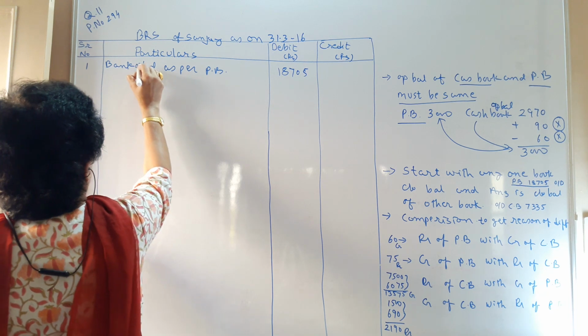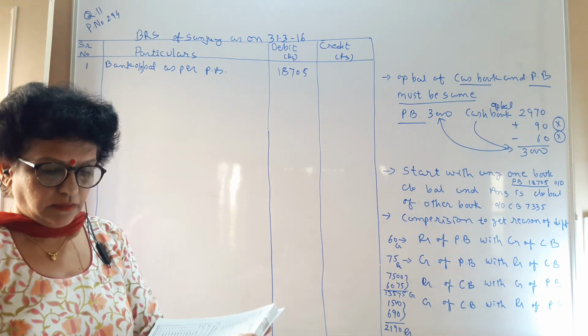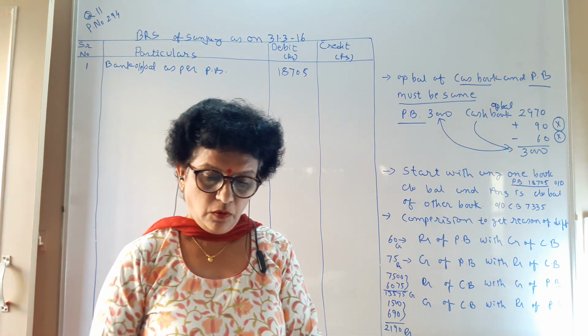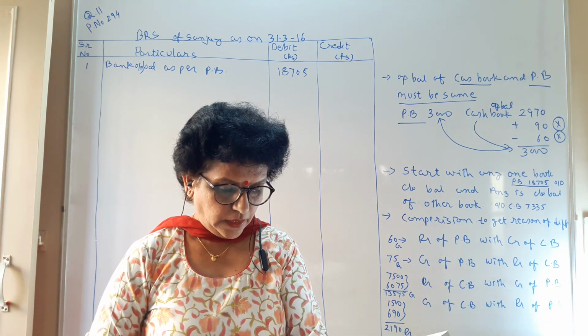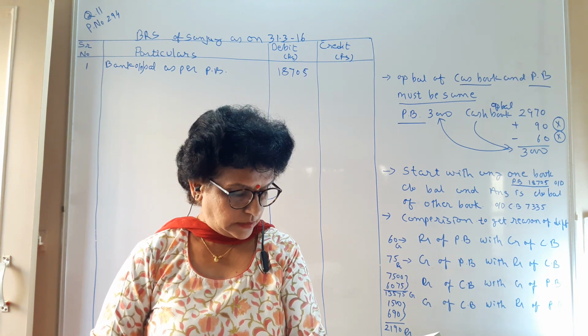This is bank OD. As per the passbook, the figure is written in brackets, which shows that it is an overdraft. So you have a bank overdraft of 18,705 as per the passbook.